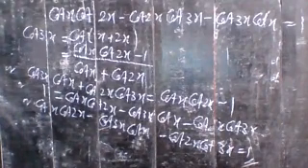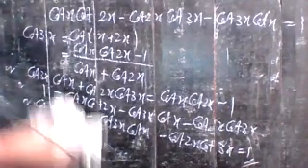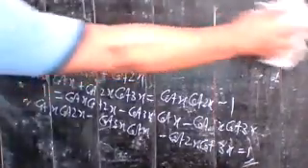Write it. Prove that cot of pi by 4 plus x into cot of pi by 4 minus x is equal to 1.